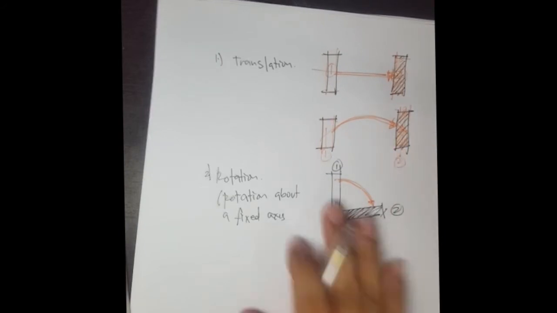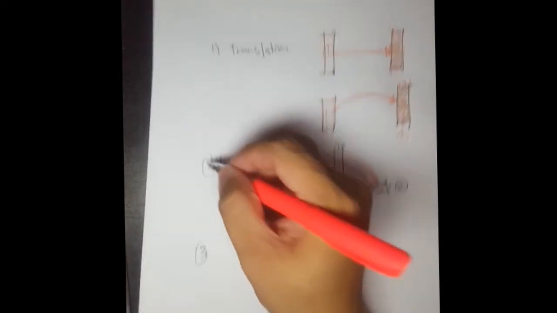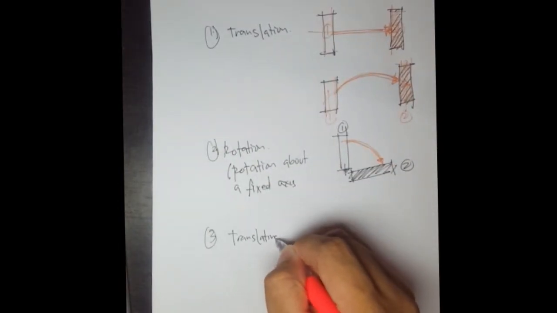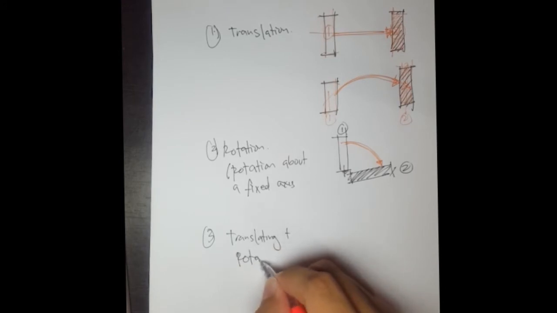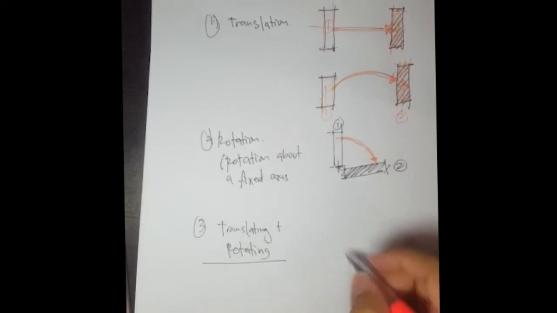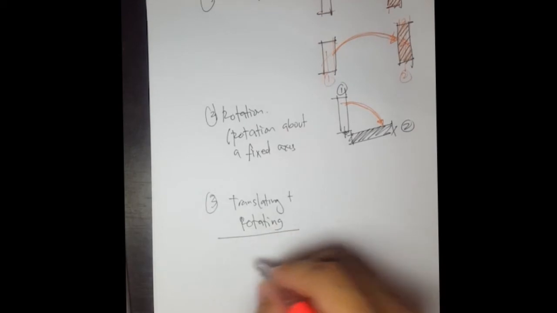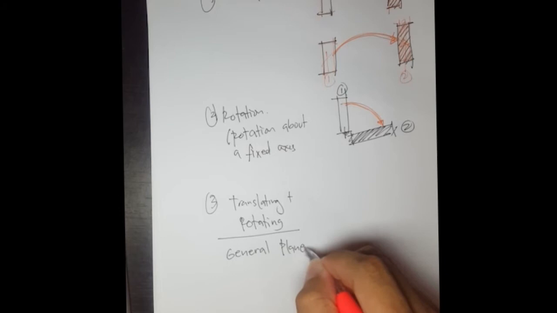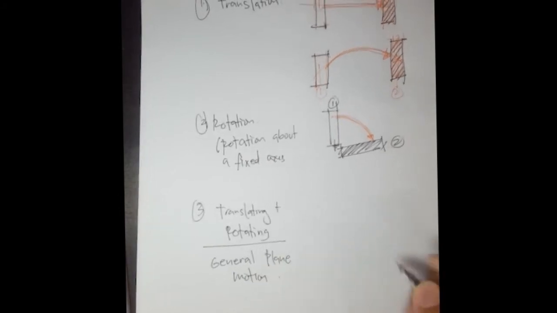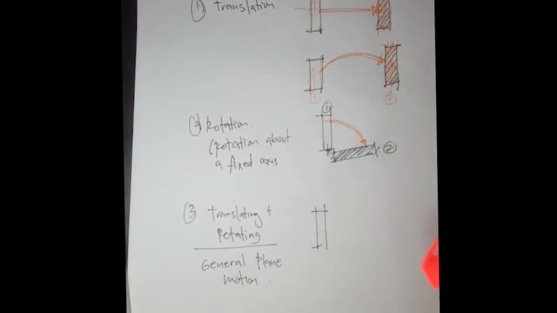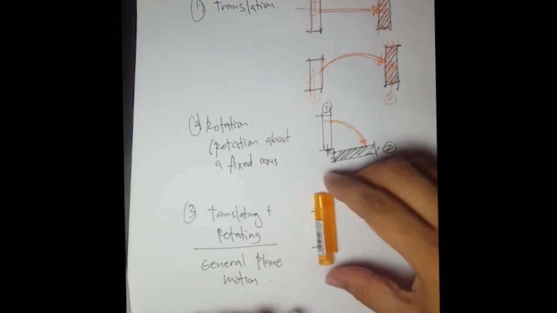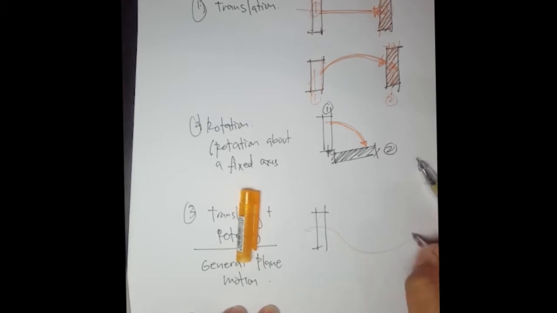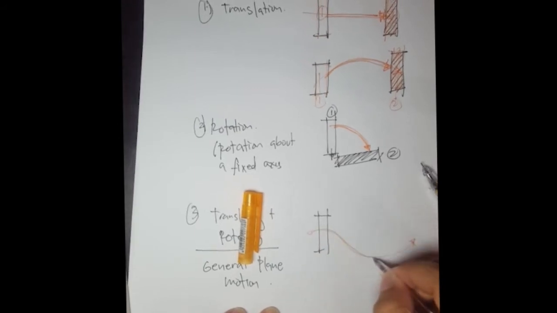For the third one, it's also possible that it's translating plus rotating. In this case, we call this the general plane motion. For example, this is your point 1, and let's say this is the path.